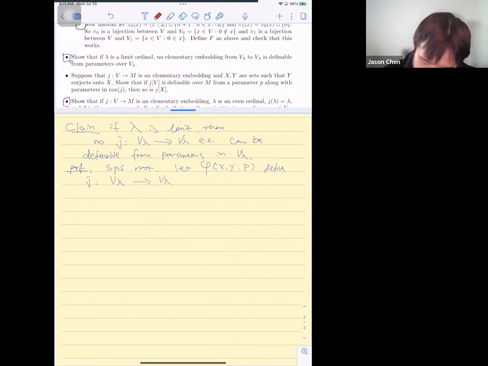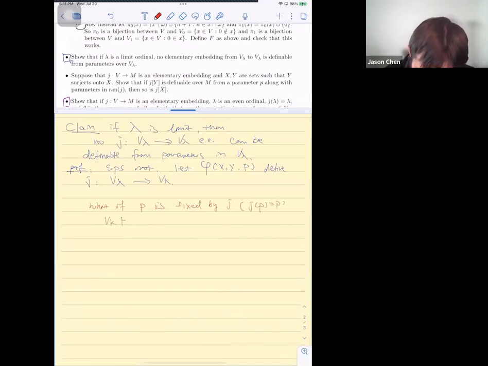So second scenario is, what if P is fixed by J, namely J of P is P? Then we have a similar situation.